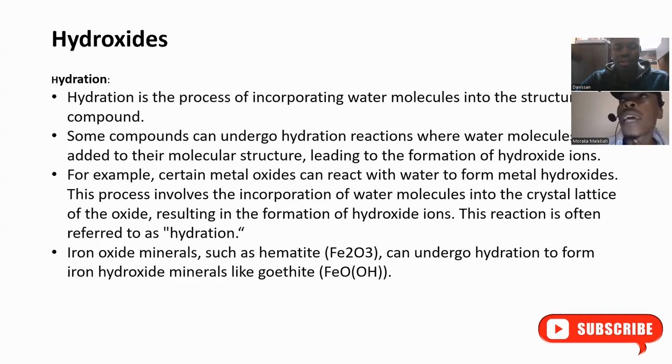When we were talking about oxides a few days back, we talked about simple oxides like hematite. When hematite undergoes hydration, when you incorporate water into its crystal structure, you can form an iron hydroxide like goethite, which is why goethite is an iron hydroxide. Are we together? Yeah.